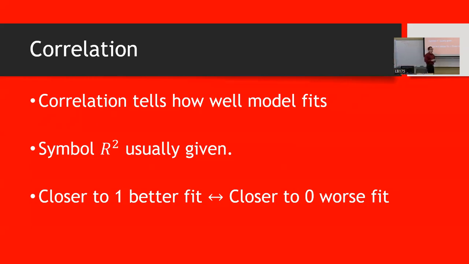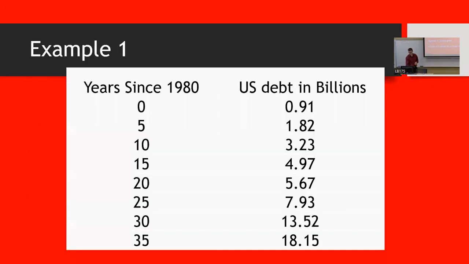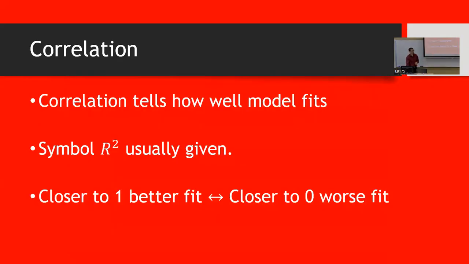The closer it is to 0, the worse the model fits the data. So 1 is better, 0 is worse. Okay. Everybody follow that?